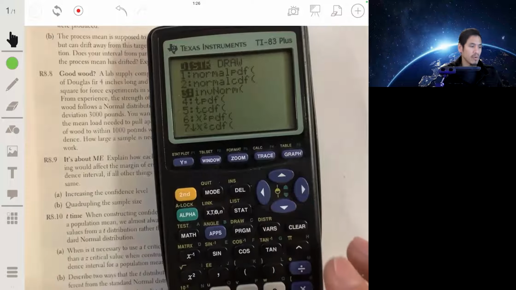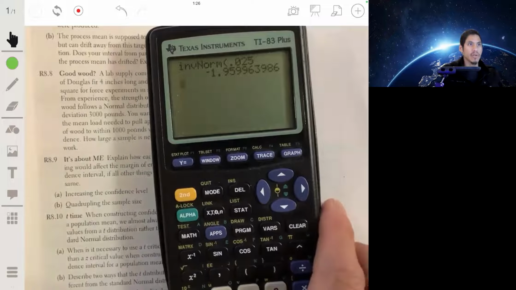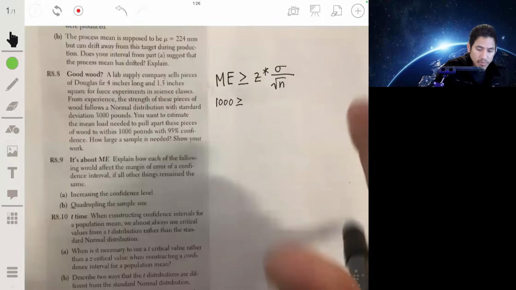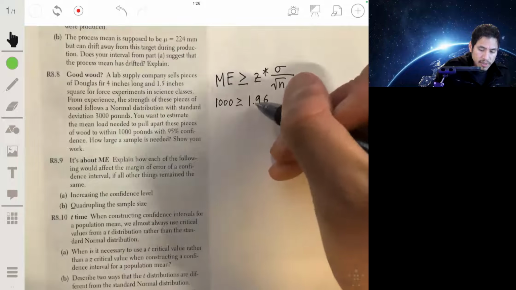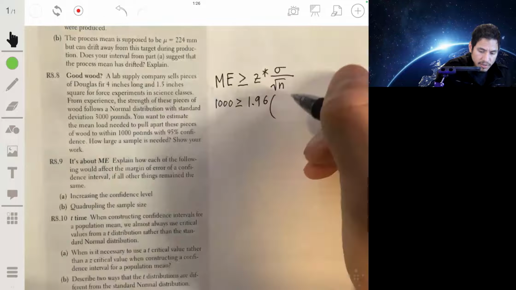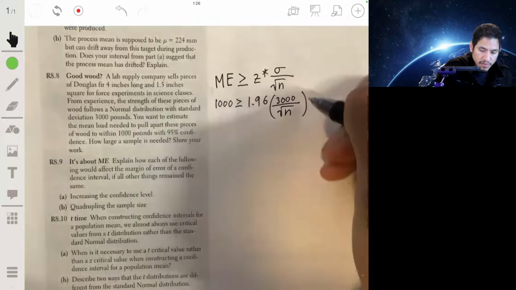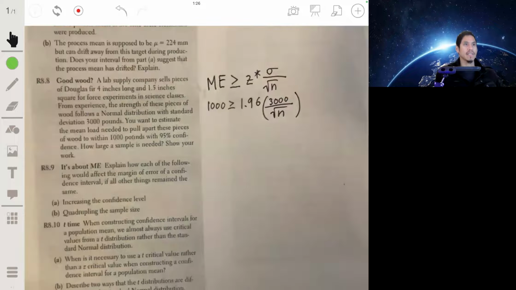It'll be about 1.96, but just to re-practice, we're going to look at the inverse norm function with 0.025 area to the left. And there we go. So 1.96. Standard deviation is given to us as 3,000 over the square root of n. Since we're solving for n, we're going to leave it as is.